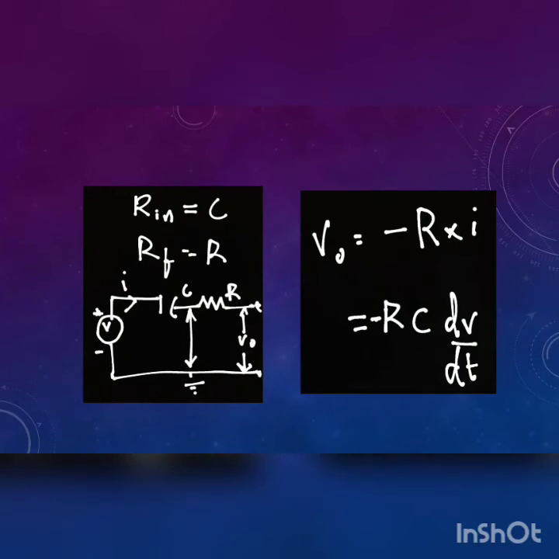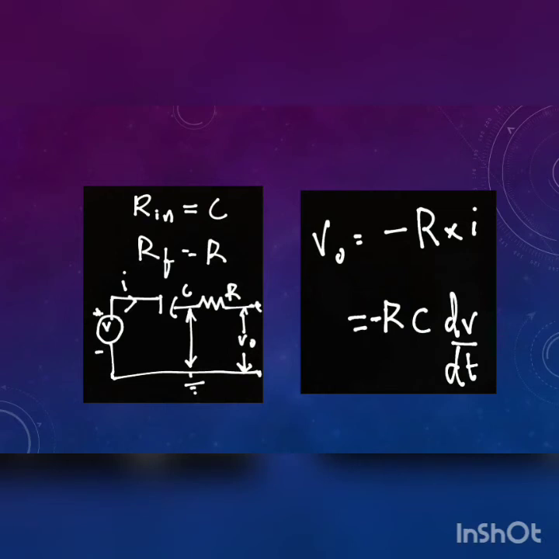The following equation gives the relation between the input signal and the output signal. Similarly, as we saw in the integrator circuit, the differentiator circuit is exactly the opposite of the integrator circuit, as we saw in the equation given below.